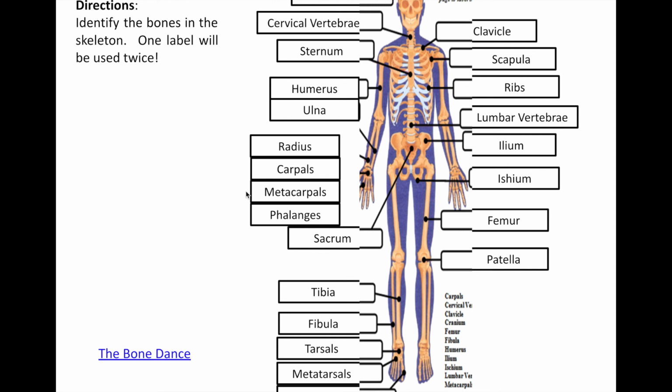Okay. The other thing I put here is what's called the bone dance. You guys may or may not be too young or too old, or I think you might have been too young at this point, aging myself out, for Miley Cyrus's bone dance. I have always said that if someone wants to recreate the bone dance in a video or in class, I would be happy to give them extra credit.